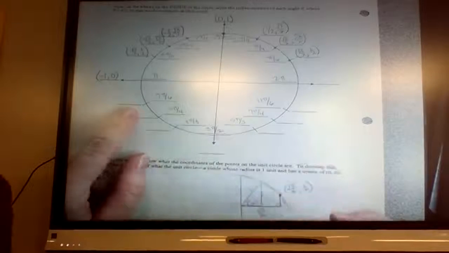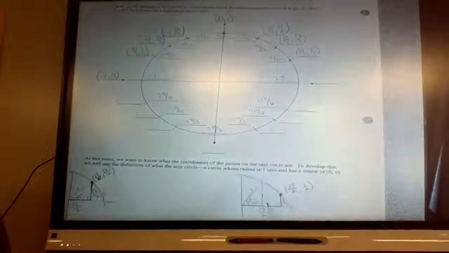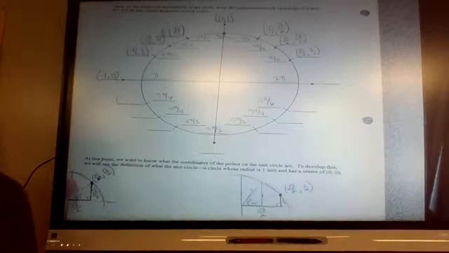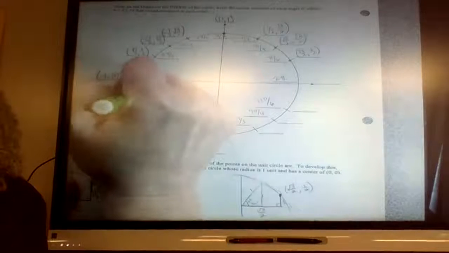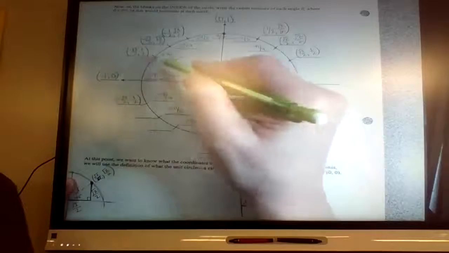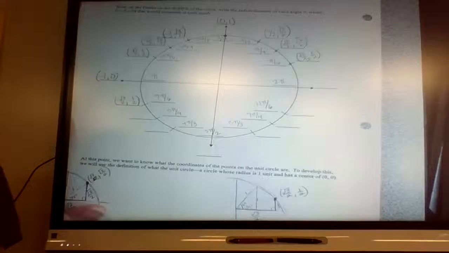What's this point? Negative 1/2, square root 3/2. Other way around: negative square root 3/2, negative 1/2. Yes, because it is the same as this. The reference angle is 30 degrees, so it's still going to be the same. It's just everything's negative.